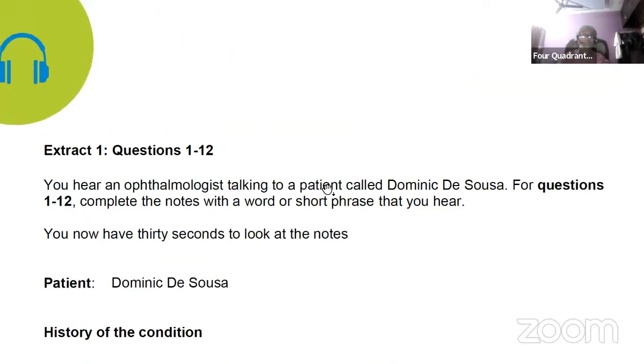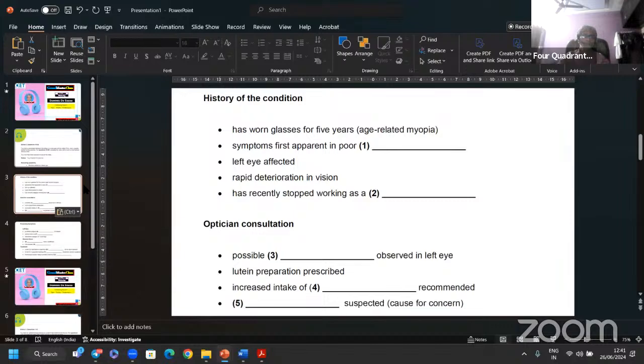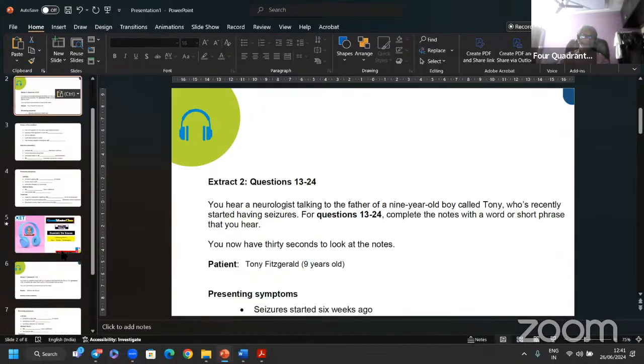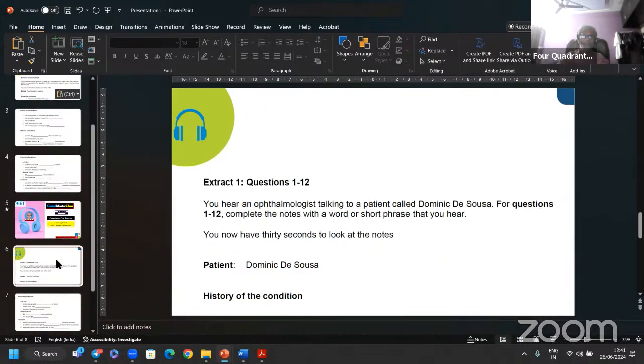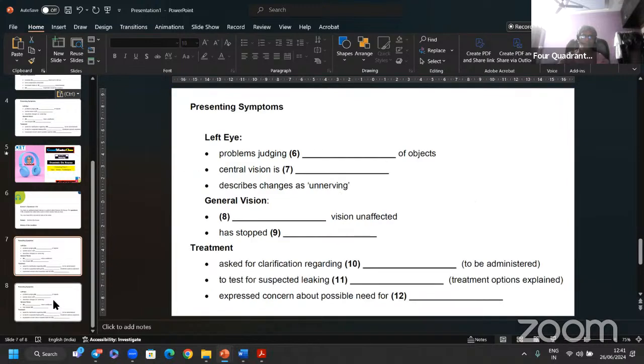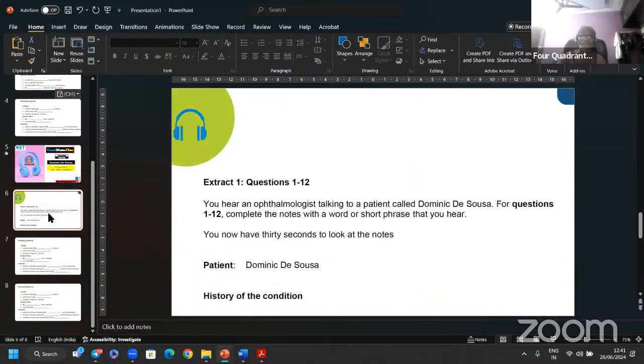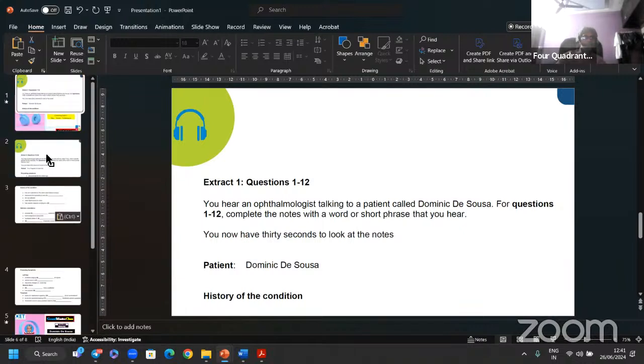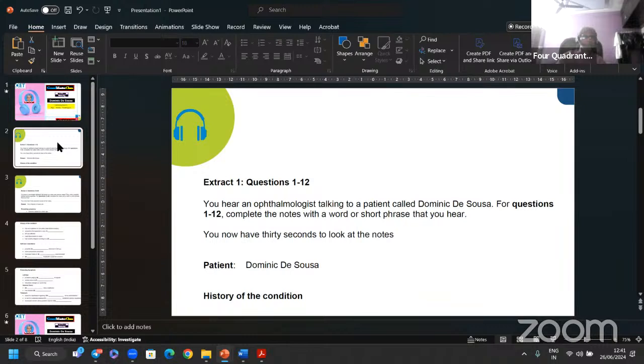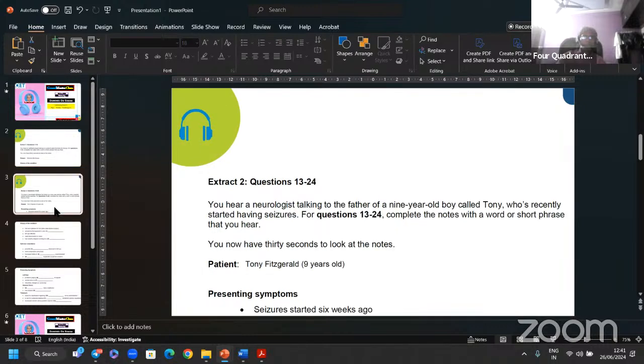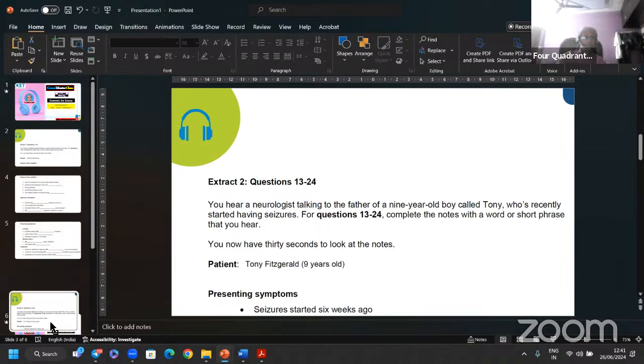So this one is Dominic de Sousa. Yeah, this one is Dominic de Sousa. So that one is Dominic de Sousa, and this is extract 2.